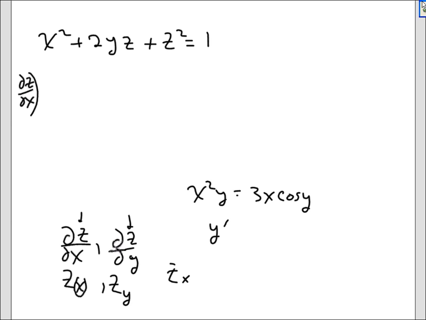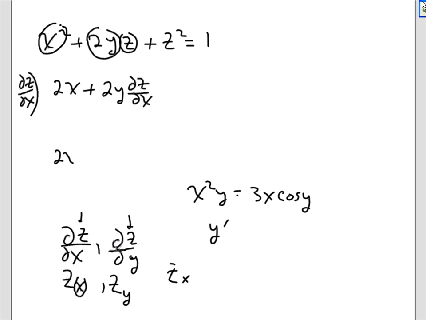So taking derivatives with respect to x. Y is a constant. The derivative of this is just 2x, plus, here's a constant, times the derivative of z with respect to x. So the derivative of x squared is 2x in terms of x with respect to x.